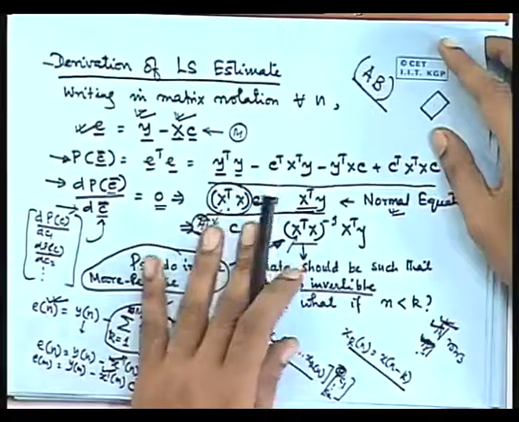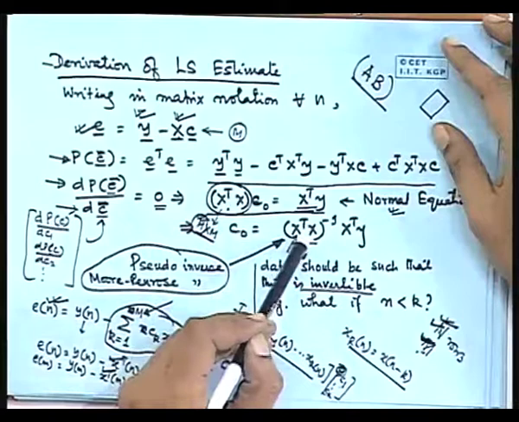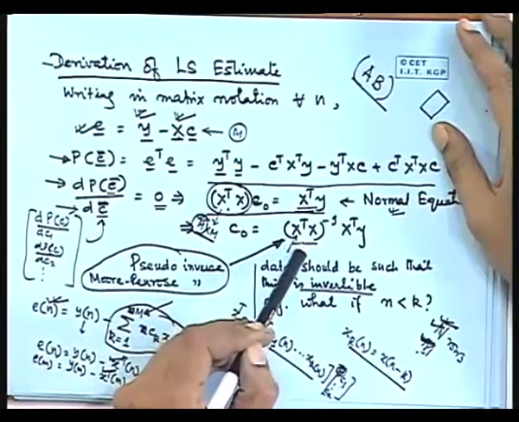If you have 2 equations and 3 unknowns, then you have an infinite number of values of the unknowns which will satisfy those 2 equations. So this is about the solution of this equation, and this matrix invertibility is a key issue in being able to compute the estimate.